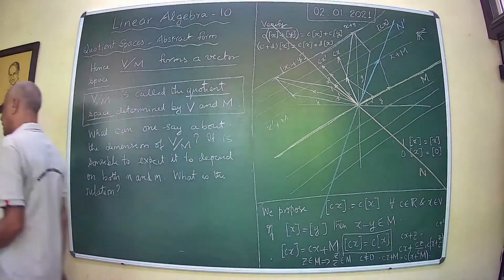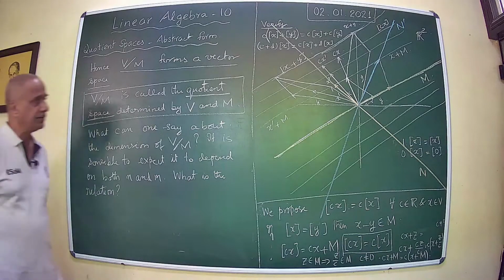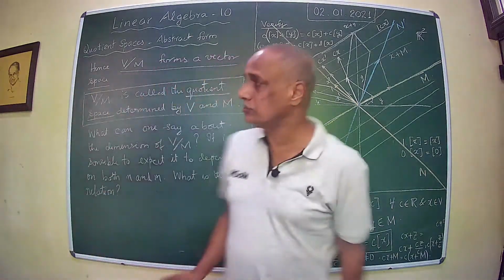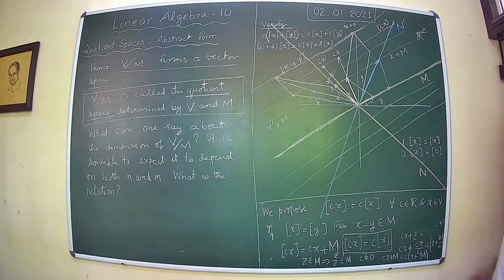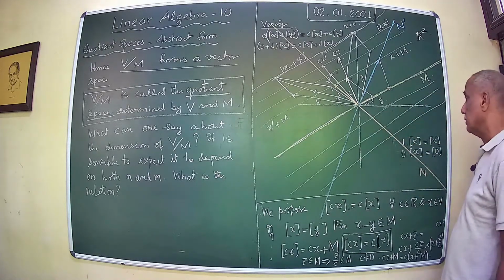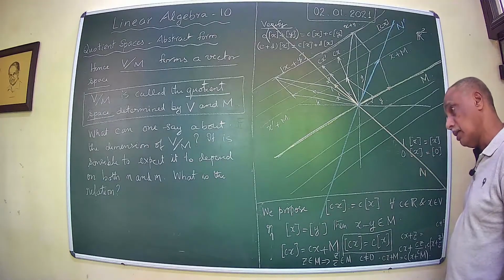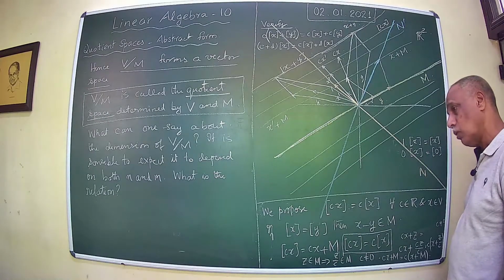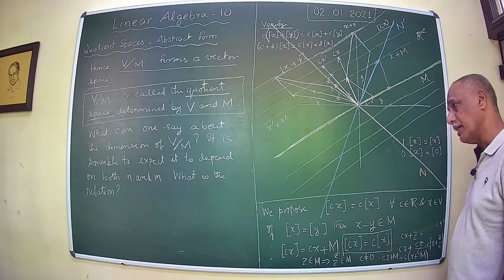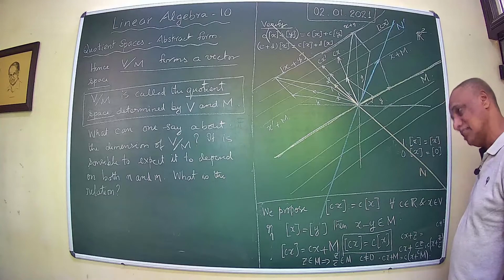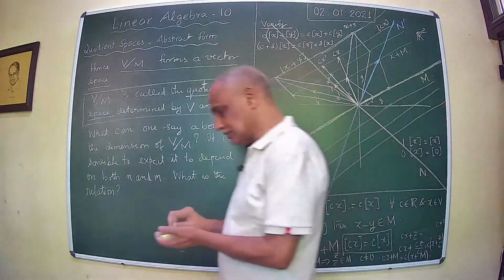Okay, so N prime is another credible choice in place of N. In fact, you see that there are infinitely many lines that you can draw through the origin here which are not identical with M. They all form what are called complementary subspaces.